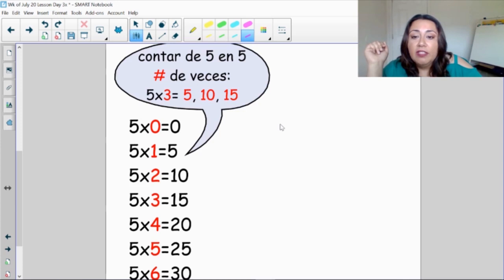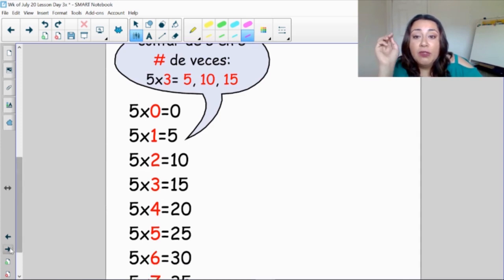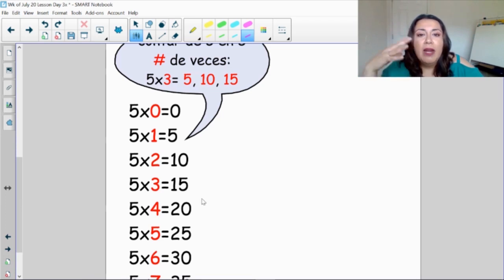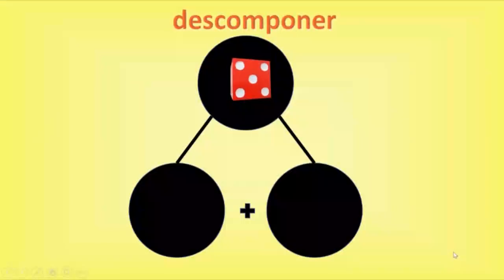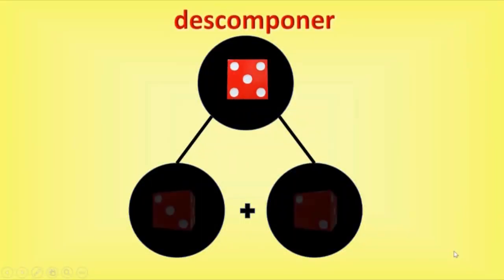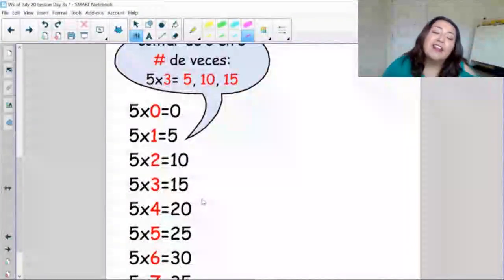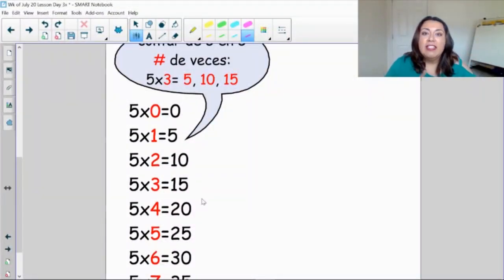Muy bien, entonces vamos a usar la tabla del 1, del 2 y del 5 para multiplicar y descomponer, separar en partes, problemas de multiplicación y hacerlos más fácil. Así que vamos a ver cómo.